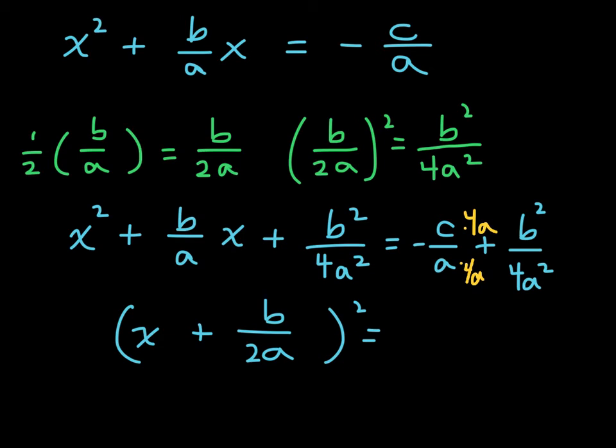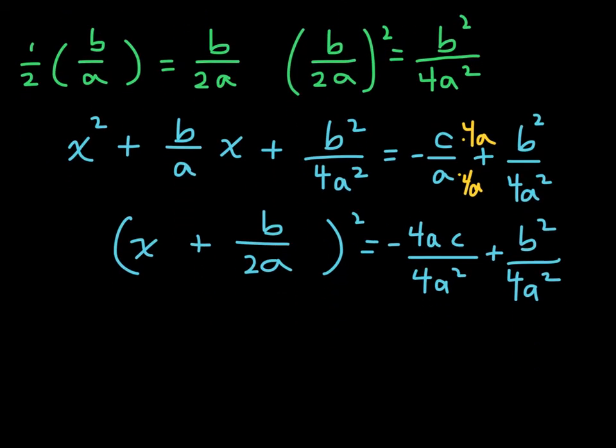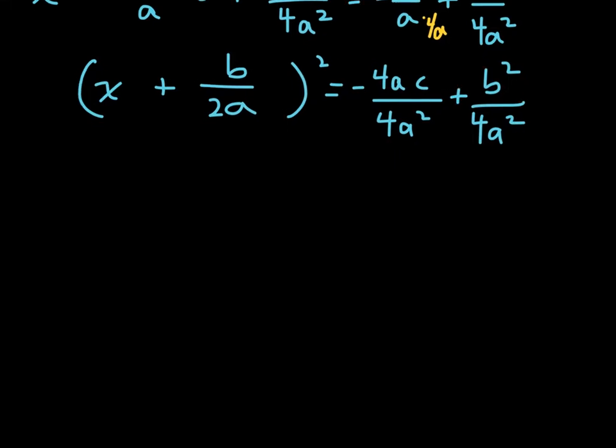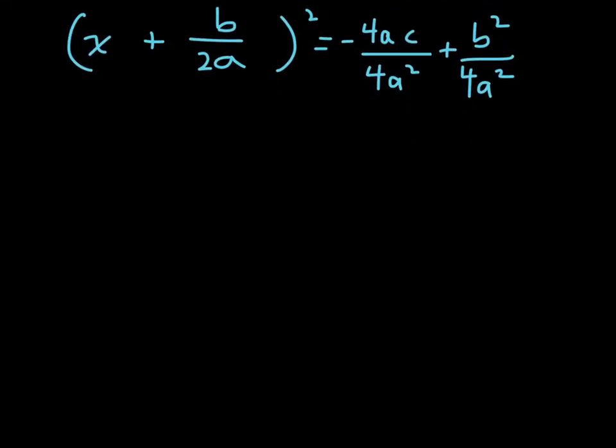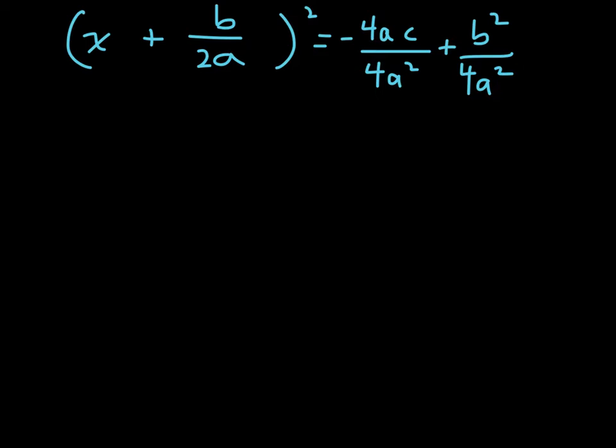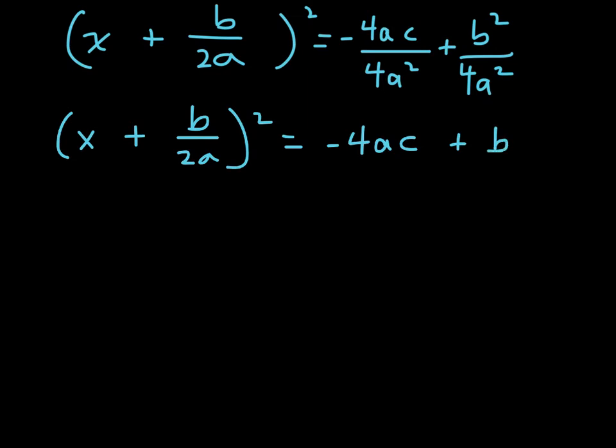So that way you get negative 4ac over 4a squared plus b squared over 4a squared. Now that you have common denominators, you can now add these two fractions. Let me just copy down this left-hand side. You are getting negative 4ac plus b squared all over 4a squared.